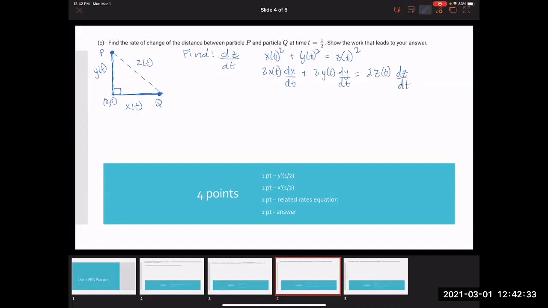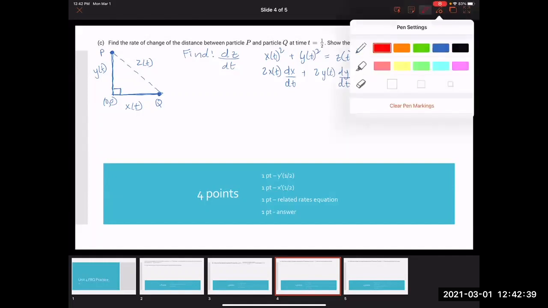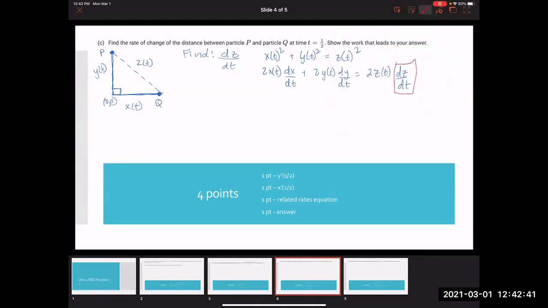Now remember, the goal was to get something that had dz/dt in it because that's what we're trying to find. But we don't know x at a half yet. We don't know dx/dt at a half yet. We don't know y of t at a half, or dy/dt at a half, or z at a half. All of those are unknowns right now. We can't solve for dz/dt until we know all of those. So that's what we're going to do first.